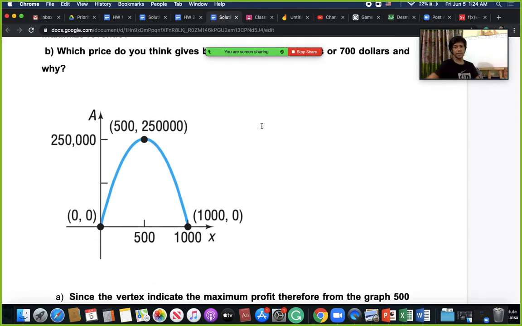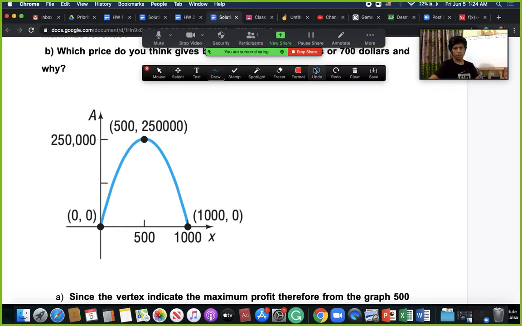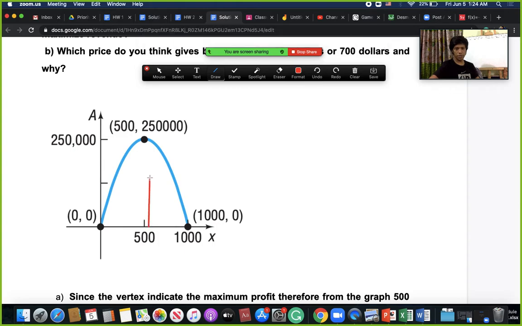So you can see, say the price is $550, suppose $550 is here after 500. So the revenue value is somewhat here.